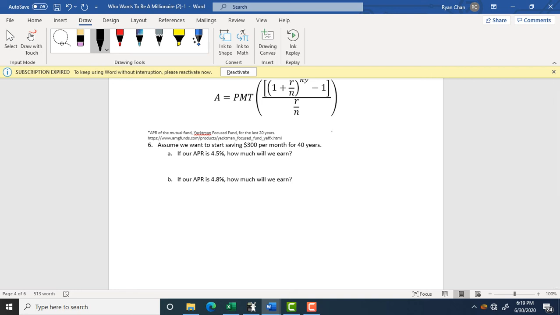My R is 0.048, my N is 12, my PMT is 300, and my Y is 40. I'm going to plug everything into the formula, so it's going to look like this.